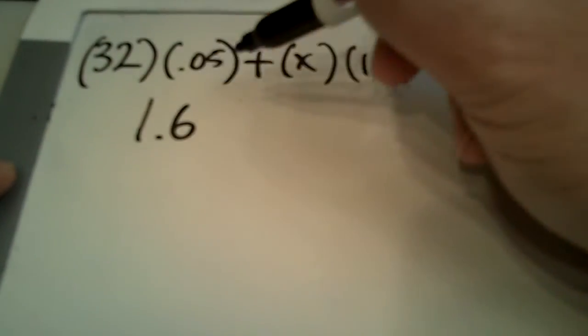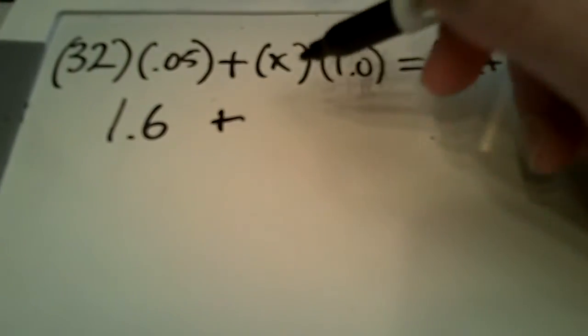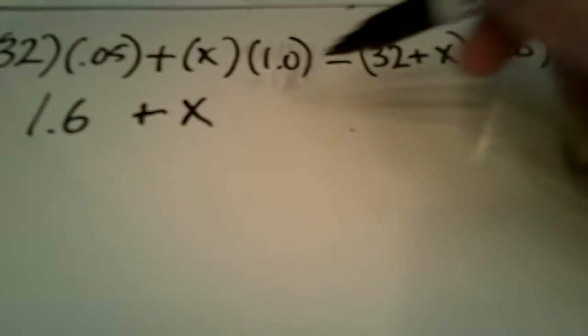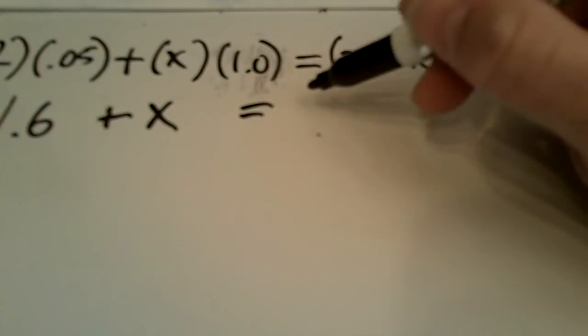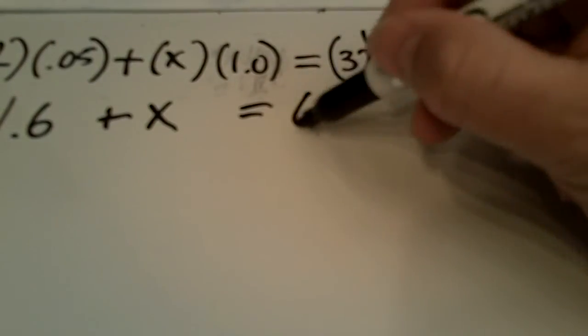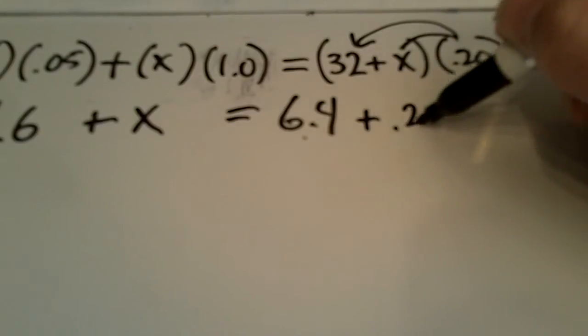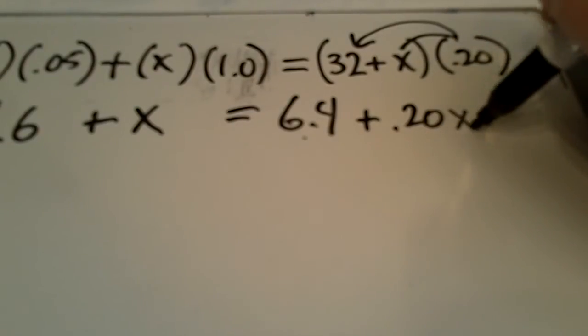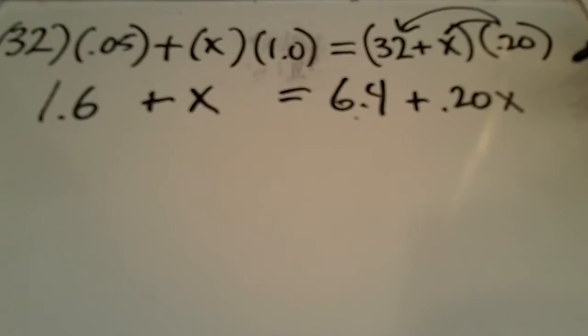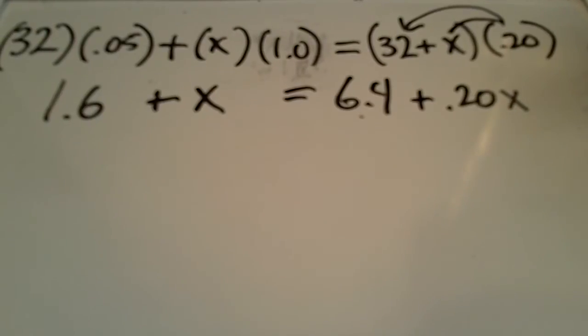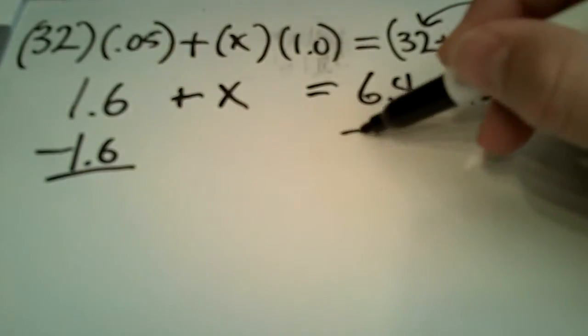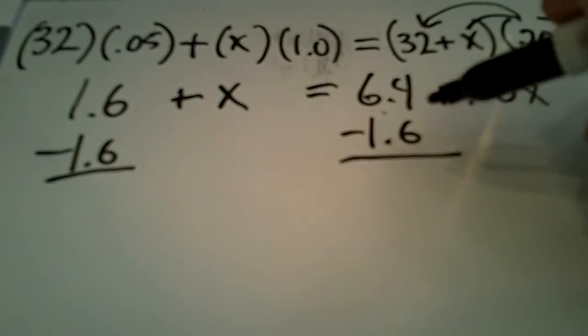So we have 1.6 plus x equals, going this way we get 6.4, going that way we get 0.20x. Okay, so now we need to get everything to one side, so we're going to move the 1.6 over here, so we're going to take it away here, so we have to do the same thing.